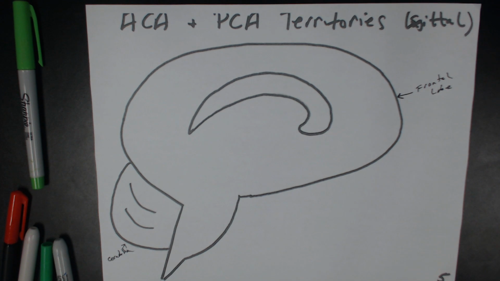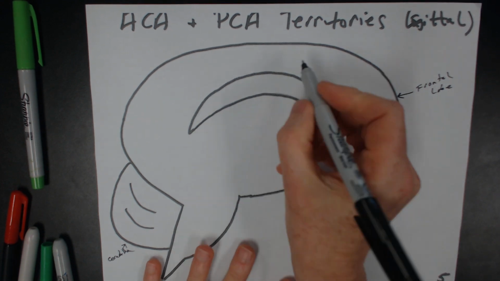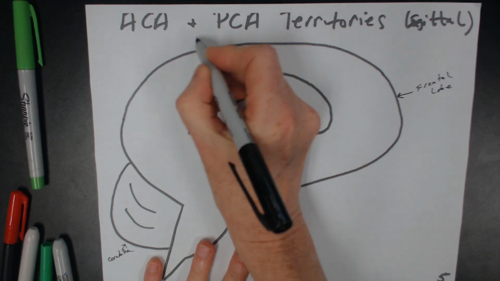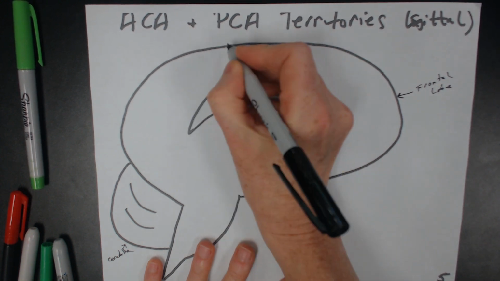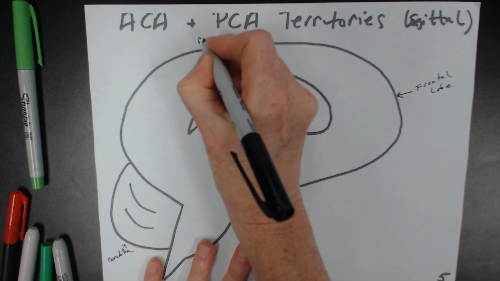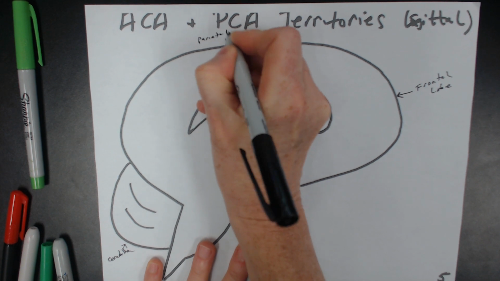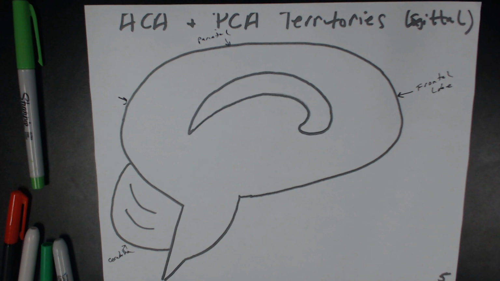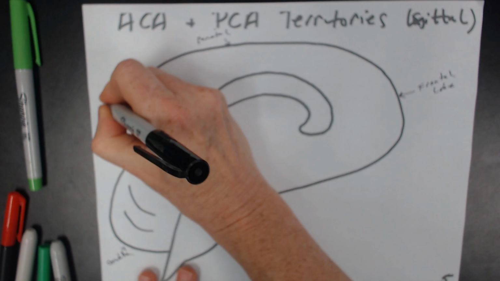Then, let's say there's a central sulcus here. What's this lobe back in here? Parietal, good. The very back lobe is going to be my occipital, good.